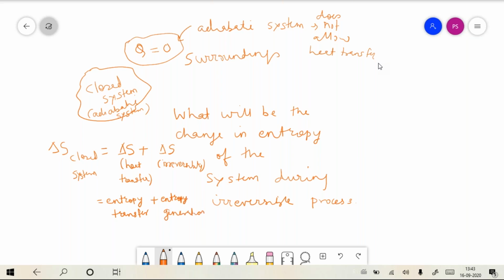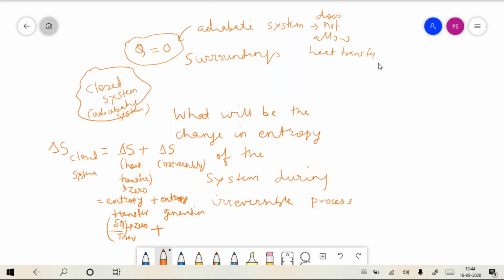Now, in our case, we had said that the system is adiabatic. So the heat transfer is zero. So the del Q by T reversible is zero, because the numerator is zero. So the first part is zero. So the entropy transfer is zero. Right?